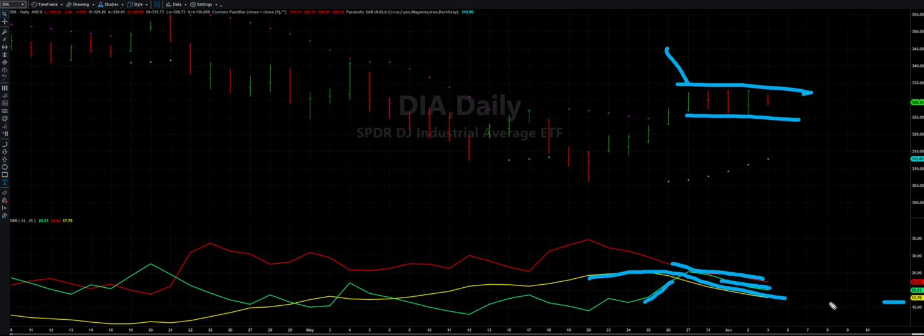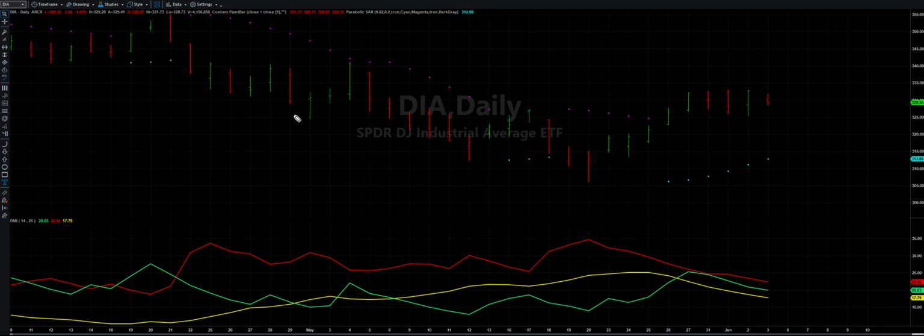That's telling you that we have no trend. So the ADX is telling you that there is no trend. The bears are not fully in control, but neither are the bulls, and they both are going down. What we want to see is the red line going down and the green line starting to go up, and the yellow line telling us that the trend is going up. As long as the green line is going down, the bulls are not in control.